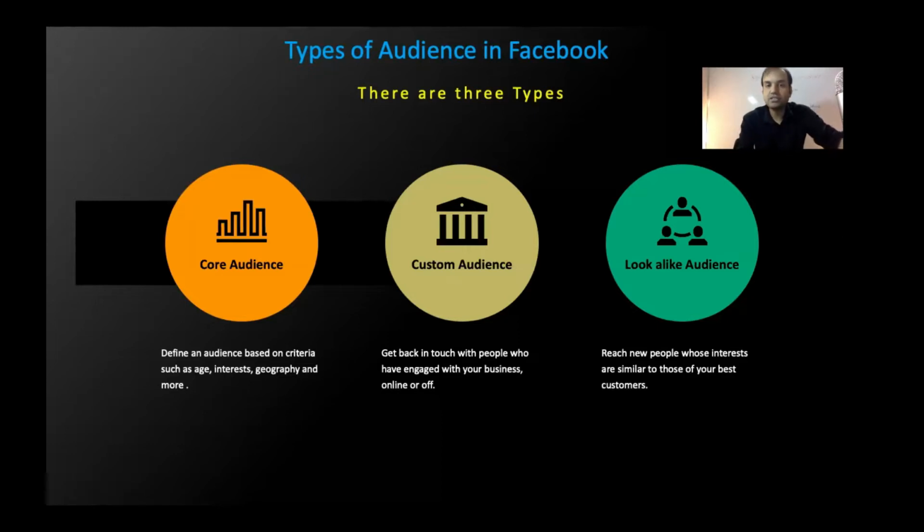Now next is your custom audience. Custom audience is one of the very important types of audience. For example, you want the set of people who have already purchased from you at some point of time. For example, you already have an email list.